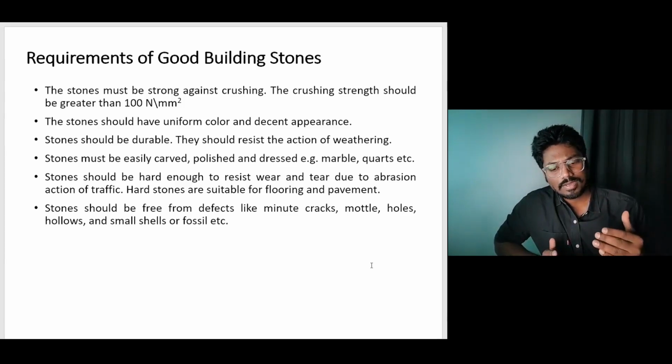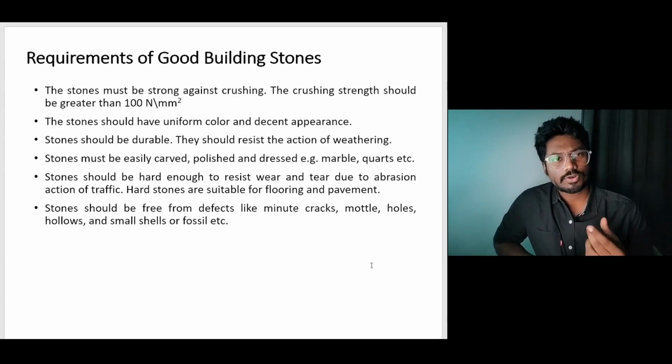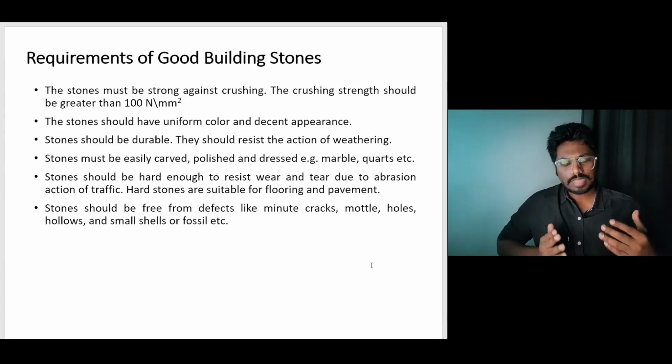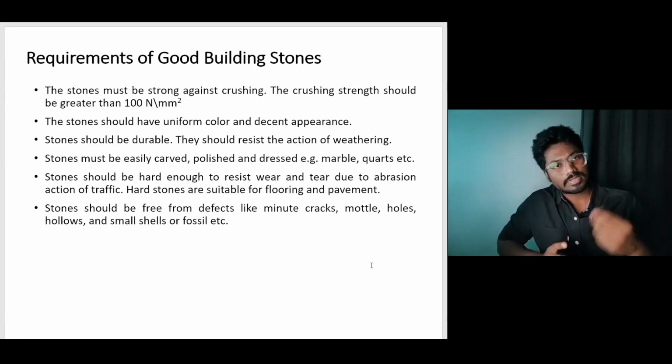Now, wear and tear is about the abrasive property of any sort of stone. It's more like resilience to wear and tear.